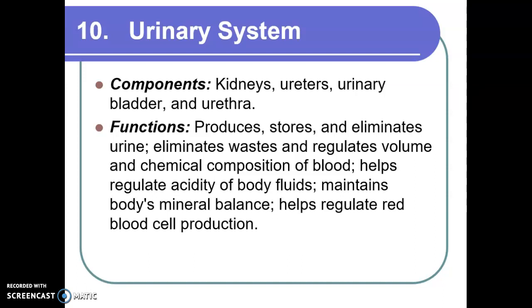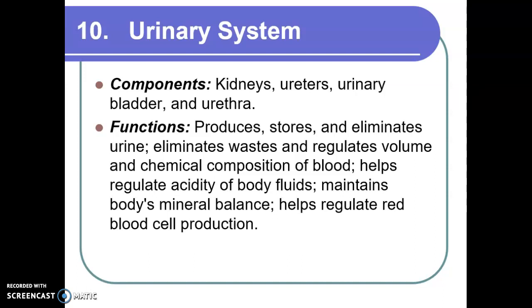So when we look at the urinary system, this is the system that's responsible for producing, storing, and eliminating urine. So that's a lot to do, right? And when we look at that, why is it that our body makes urine? Well, this is how we're able to eliminate waste and also regulate the volume and chemical composition of blood.